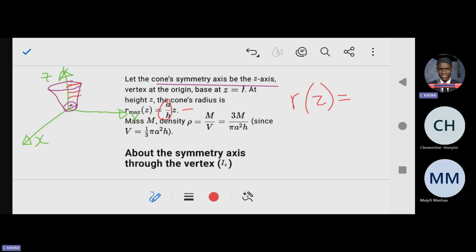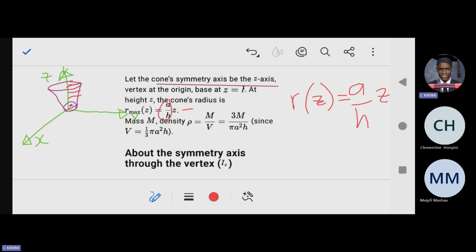Height H is increasing with time. So it will be A over the height multiplied by Z, which is the relationship of R with Z.